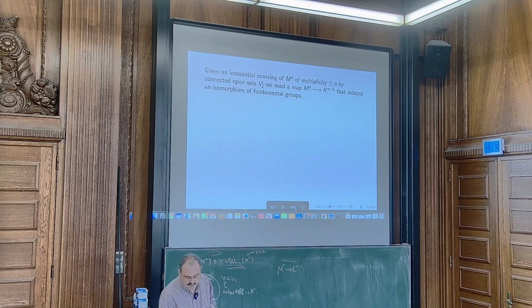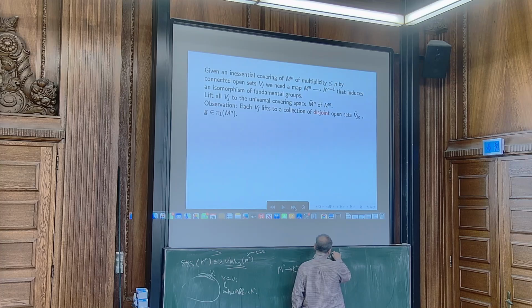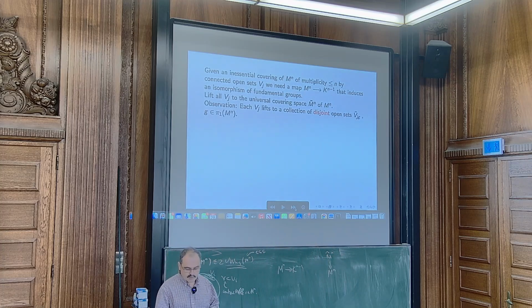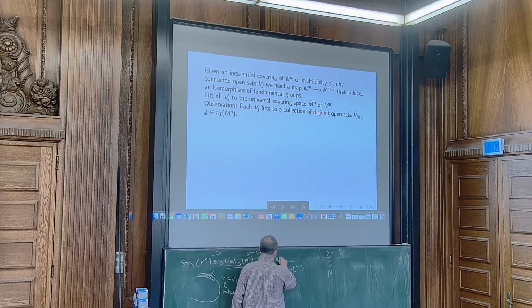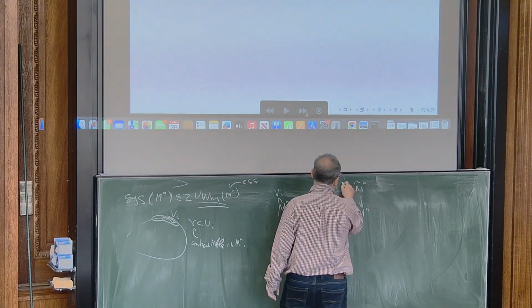And it's actually a rather simple matter. Basically we proceed as follows. We have Mⁿ, we have its universal covering, and we can lift all those sets Vⱼ to the universal covering. So those Vⱼ live here, and we lift them to some Ṽⱼ.